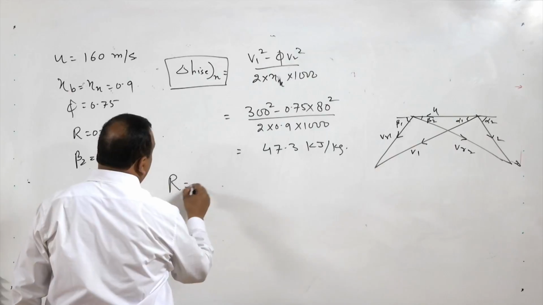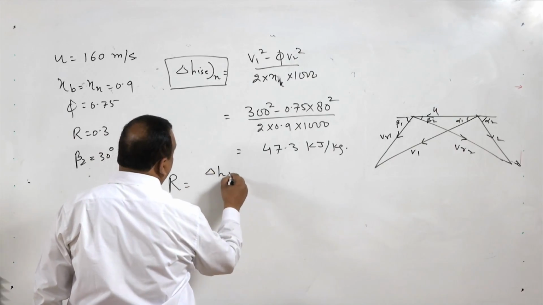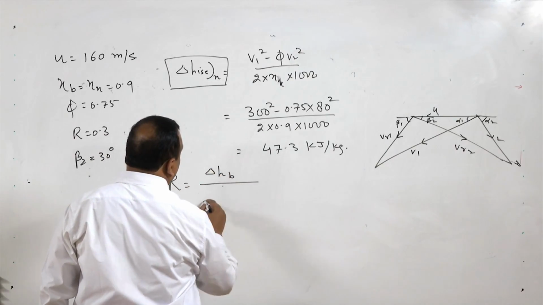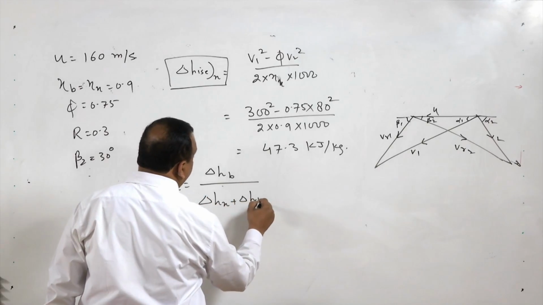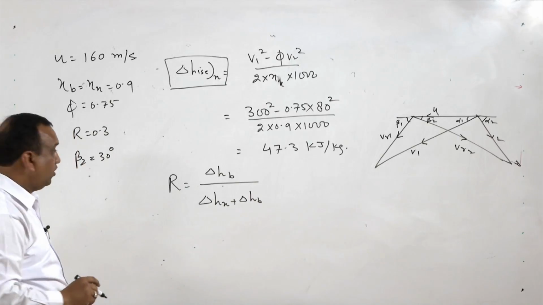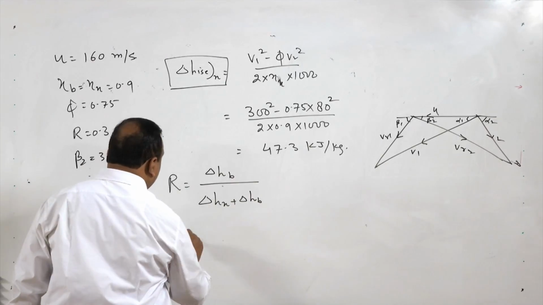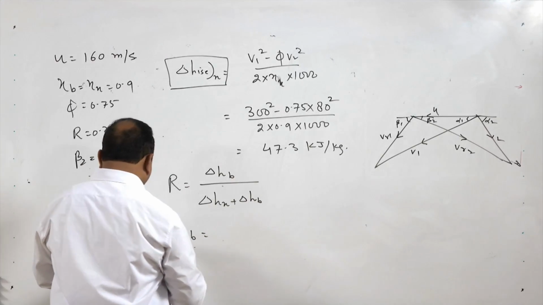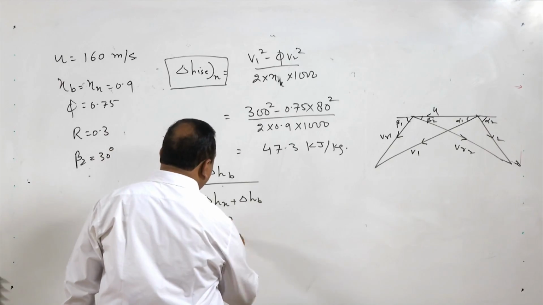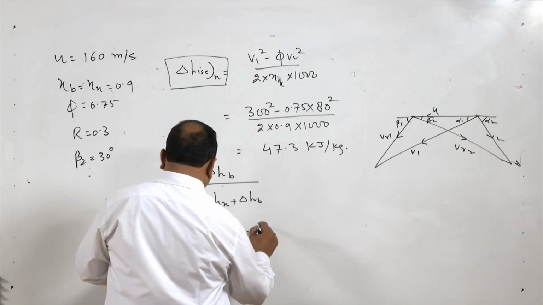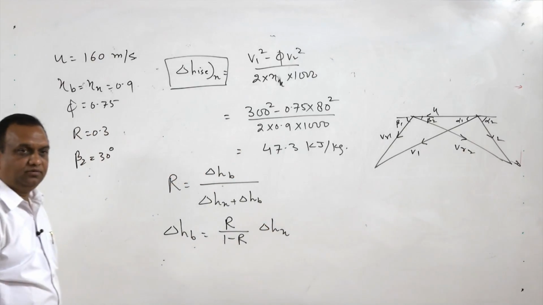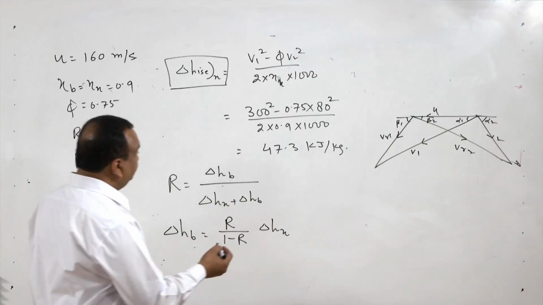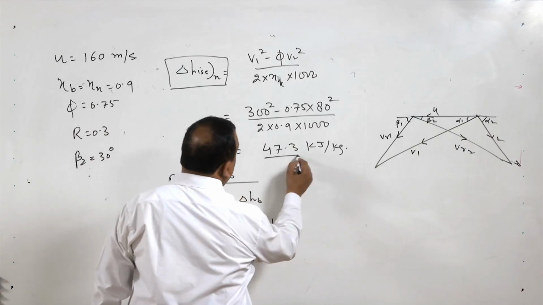R is enthalpy drop in blades divided by enthalpy drop in nozzles plus enthalpy drop in blades, so enthalpy drop in blades is going to be equal to R by 1 minus R times delta H nozzles. Here we have the enthalpy drop in the nozzle.